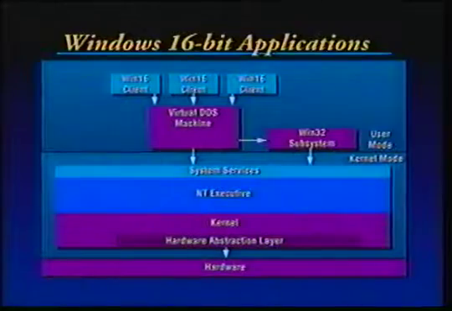When you run Windows 16-bit applications, something happens which is very similar to what you get with the MS-DOS programs. When you start up your first Windows 16-bit application, either from an icon or from the command line, you again create a virtual DOS machine. There are some things that are special about this virtual DOS machine.